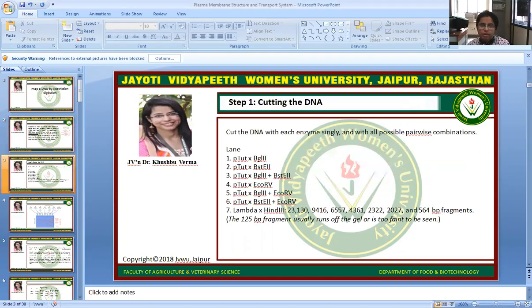The first step is cutting the DNA. Cut the DNA with enzymes, each enzyme singly and with all possible pairwise combinations. The first lane will have plasmid tutorial with digestion by BglII. The second lane will have plasmid tutorial and BstEII. The third will have plasmid tutorial, BglII and BstEII, meaning two in combination.